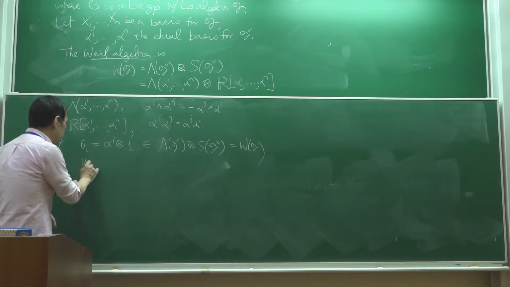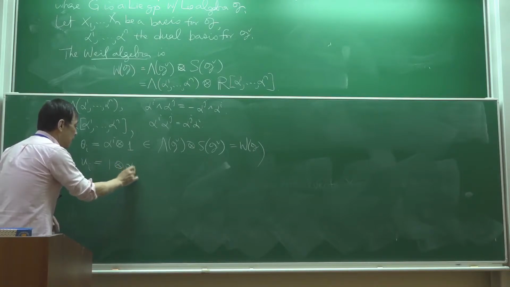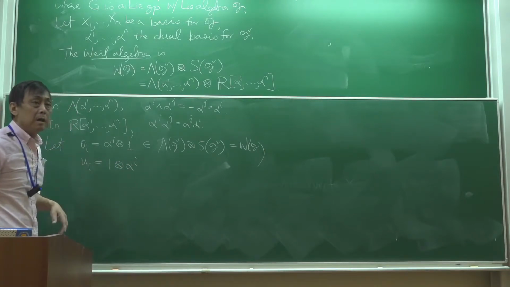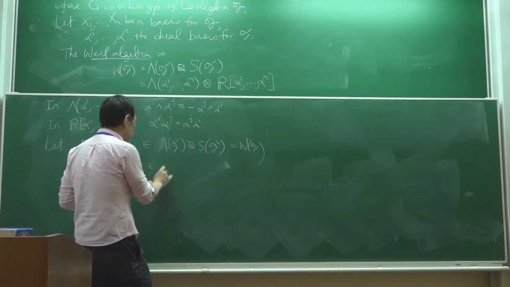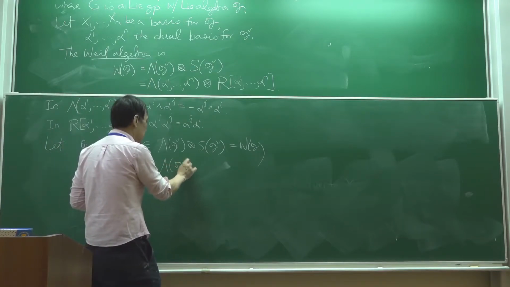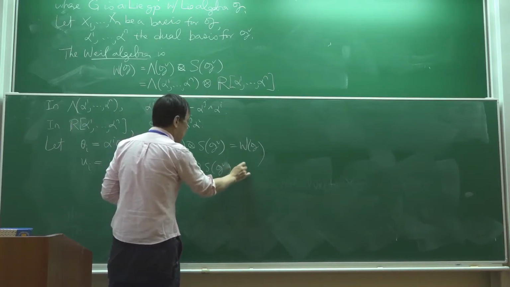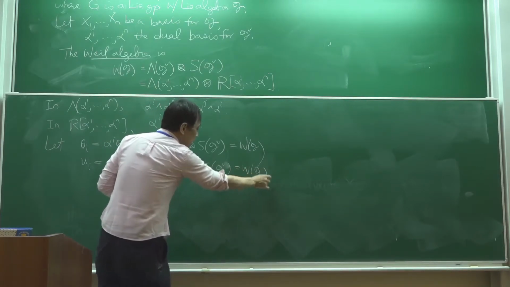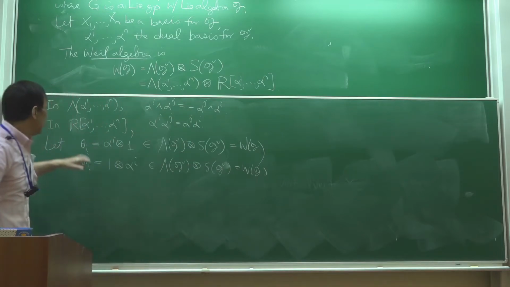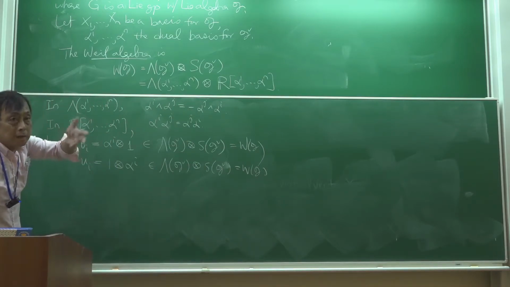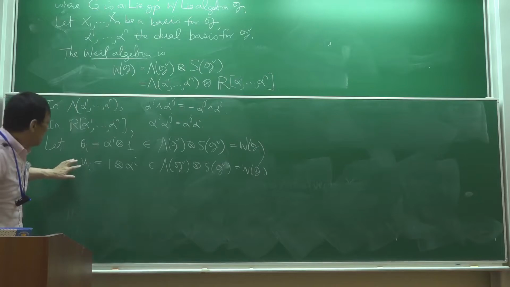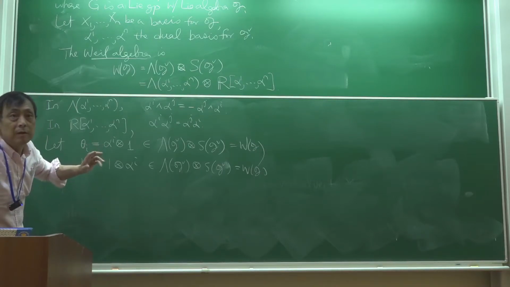And u i will be 1 tensor alpha i. So the theta i's are anti-commutative, and the u i's are commutative.